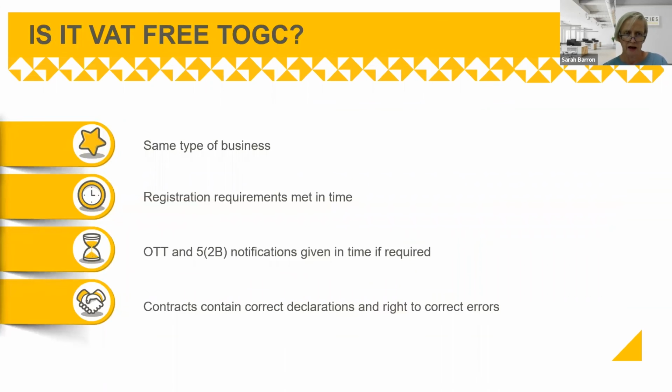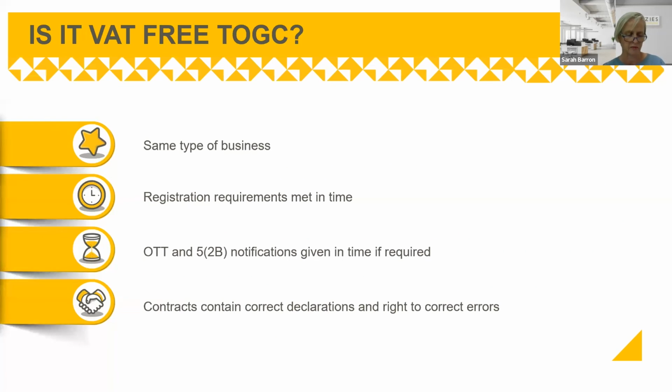So a quick recap: is it a VAT-free TOGC? The most likely cause is that it's not actually the same type of business, so there's not a property letting business being transferred. The registrations are a housekeeping matter. We should be able to meet that in time.